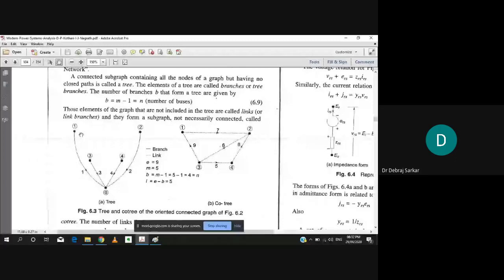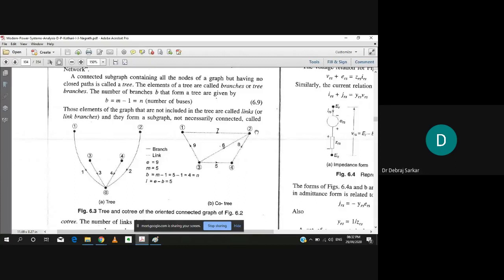Branches are the connections between the different nodes, but there will be no connection such that a closed loop will form. So in the tree, or the subgraph, there should be no closed loop.